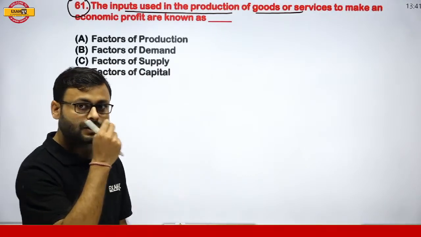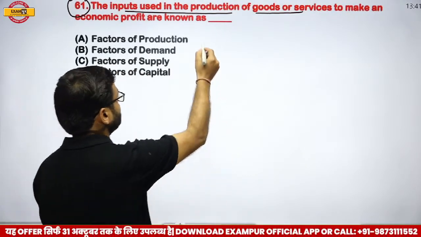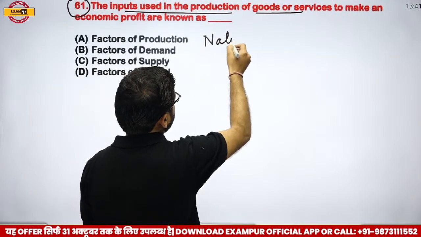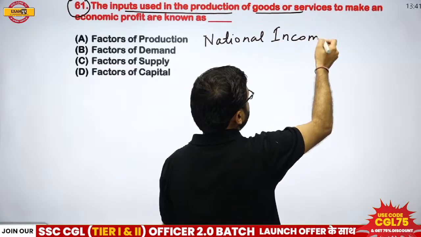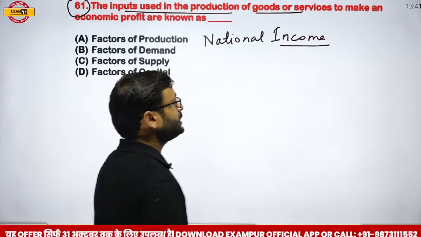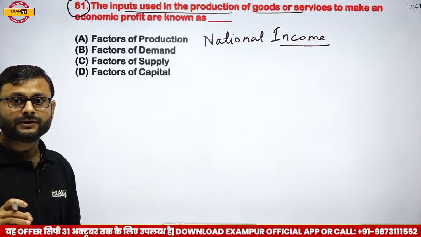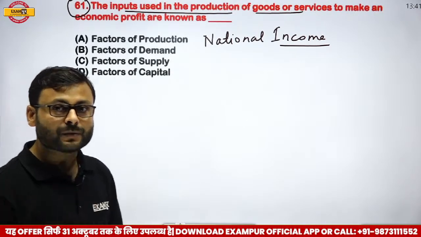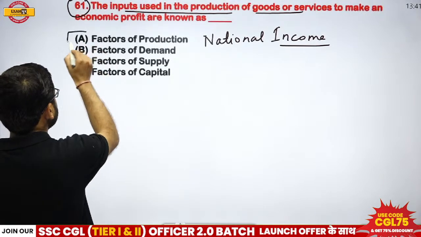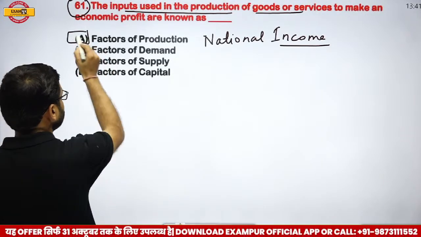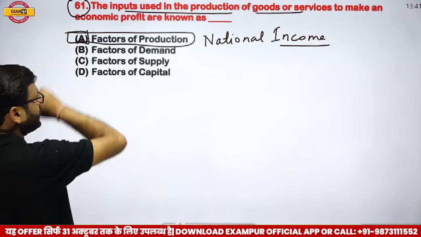This question is taken from the national income topic, and in the national income topic we have studied that there are 4 factors of production which contribute to the production of goods and services. So the correct answer for this question is factors of production. What are the factors of production?